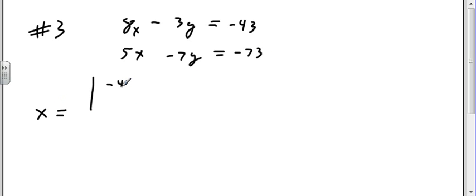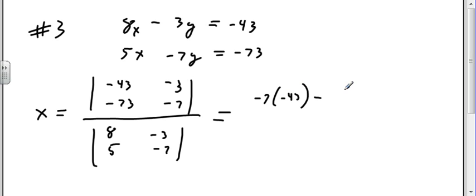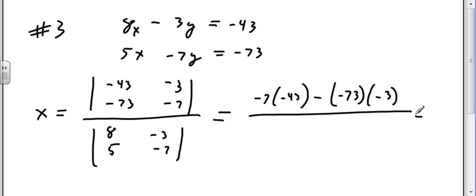I'm going to have minus 43, minus 73, minus 3, minus 7, divided by 8, 5, minus 3, minus 7. Oh well, minus 7 times minus 43 minus minus 73 times minus 3 goes on top, and clearly we'll have to use my calculator to figure out what that is.